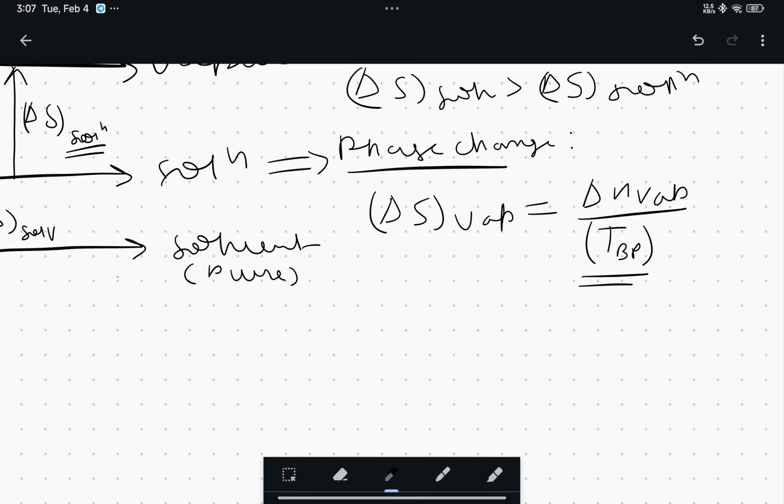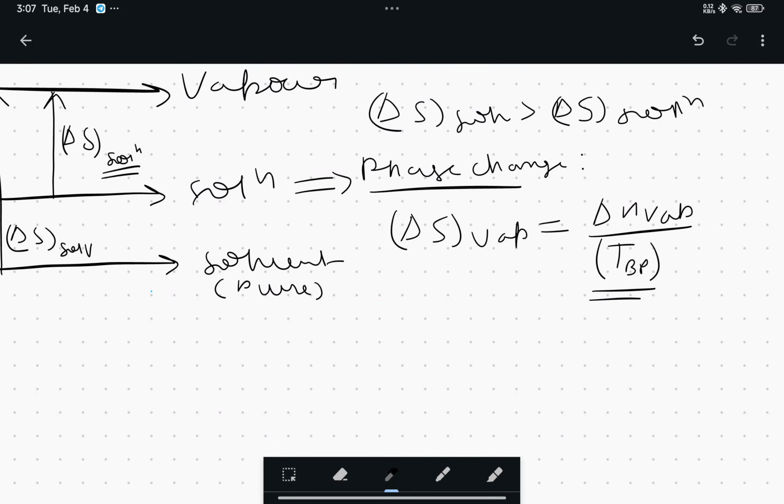So this is the equation, and now as we know that the entropy of the solvent is less than that of the solution. For now I'm talking about enthalpy of vaporization. So we know that since this is an ideal mixture, the enthalpy of mixing is 0.